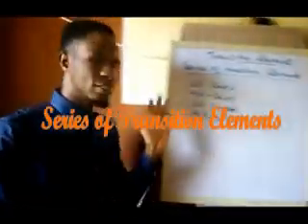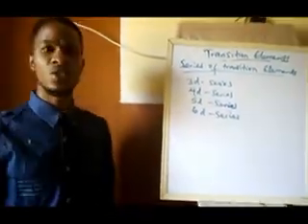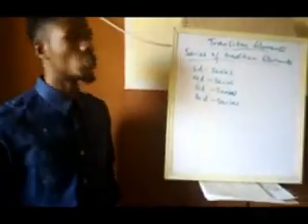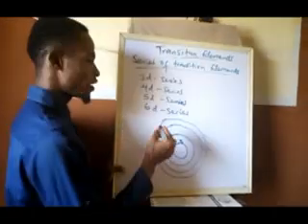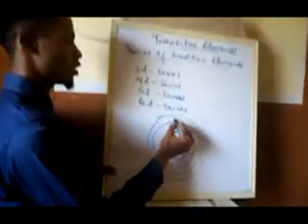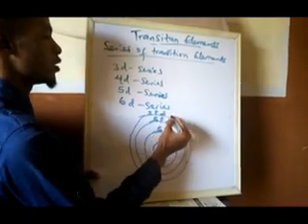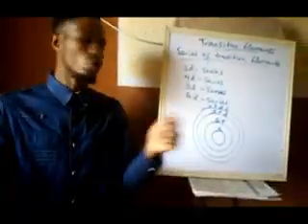We have the 3D series, 4D series, 5D series, and the 6D series. And why can't we have 1D series of the transition elements? This is it. The first shell can only take s electrons, while the second shell will take sp, the third shell will take spd, the fourth shell will take spdf, the fifth shell will take spdf, the sixth shell spd, and so on.